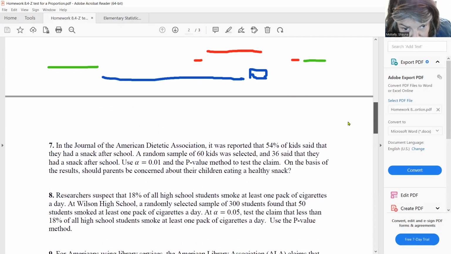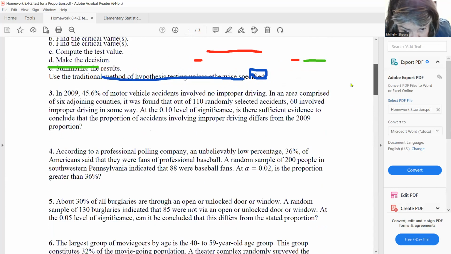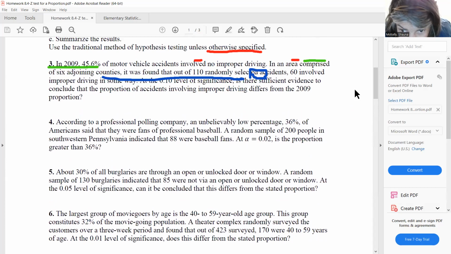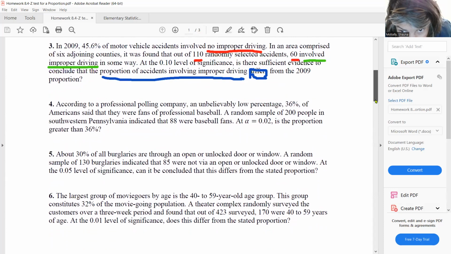This mistake was perpetuated from the previous one, because we want to find the proportion who involved improper driving. So that's the deal. In 2009, 45.6% of motor vehicle accidents involved no improper driving.